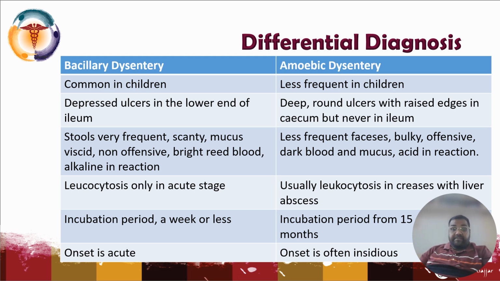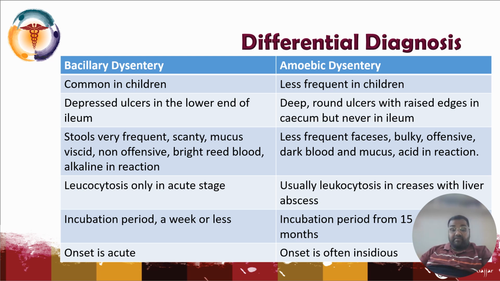In amoebic dysentery, the feces are less frequent. The stool is bulky and offensive, with a smell, and the blood is dark, with mucus, and it is acidic in reaction. In bacillary dysentery, leukocytosis occurs only in the acute stage. In amoebic dysentery, leukocytosis is usually seen only when there is liver involvement with liver abscess.